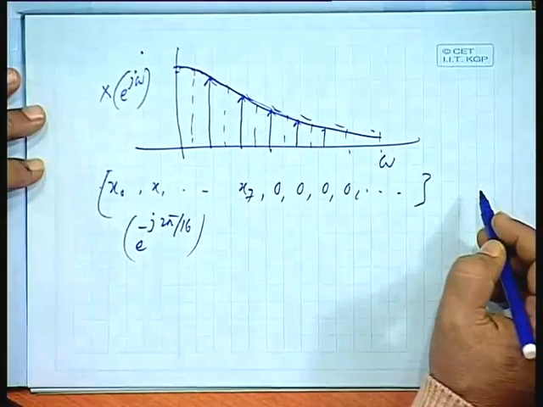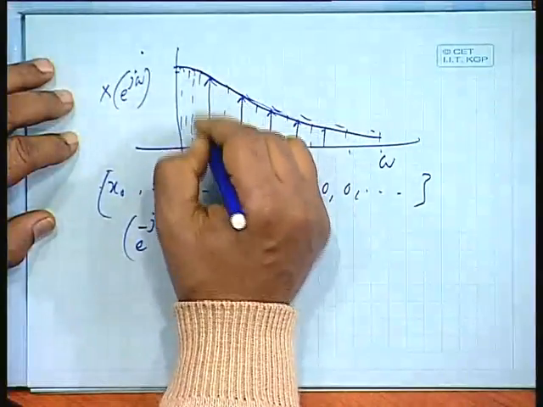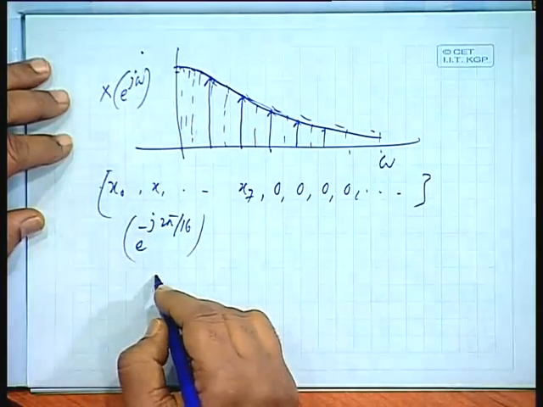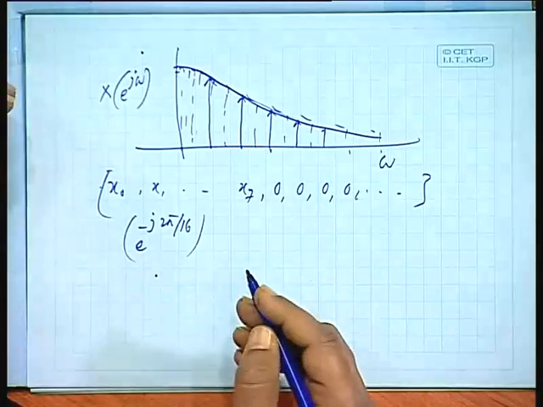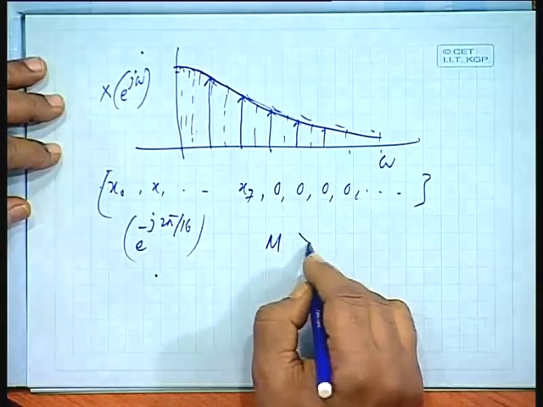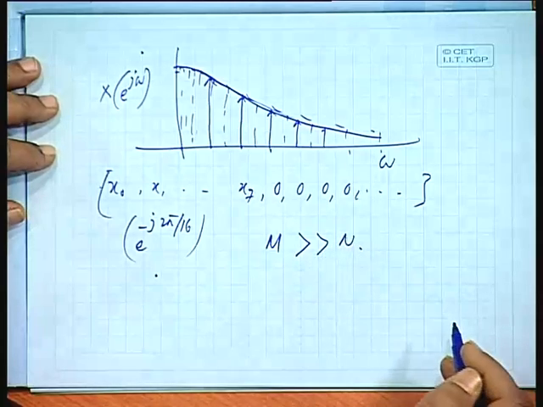If I append it with say large number of zeros to make it length of 256, then I will get 256 such points, alright. So, basically you append this by zeros to make it of a length m, which is much greater than the given sequence length n.